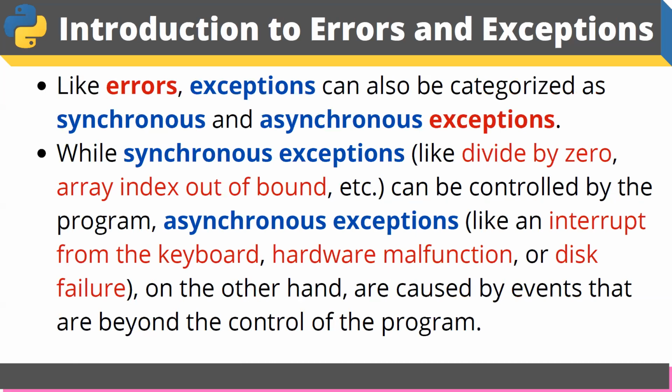Like errors, exceptions can also be categorized as synchronous exceptions and asynchronous exceptions. Synchronous exceptions like divide by zero and array index out of bounds can be controlled by the program, whereas asynchronous exceptions like interrupt from the keyboard, hardware malfunction, or disk failure, on the other hand, are caused by events that are beyond the control of the program.